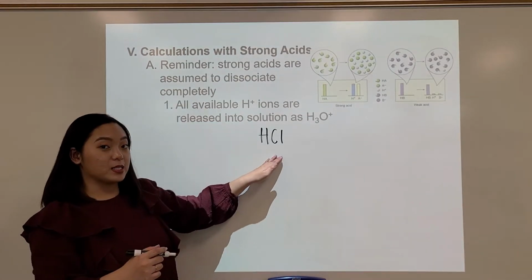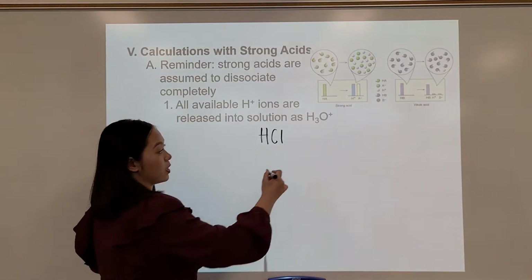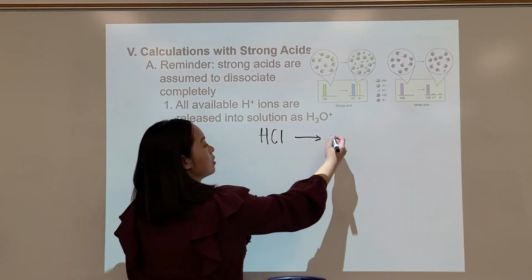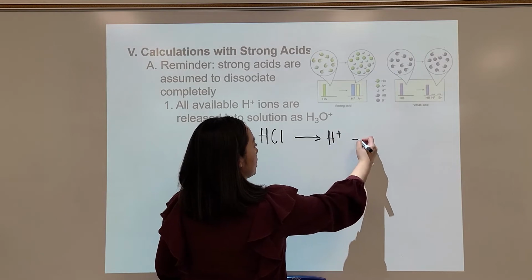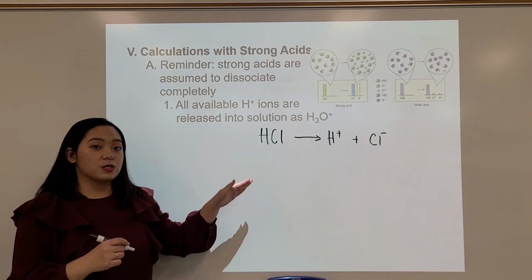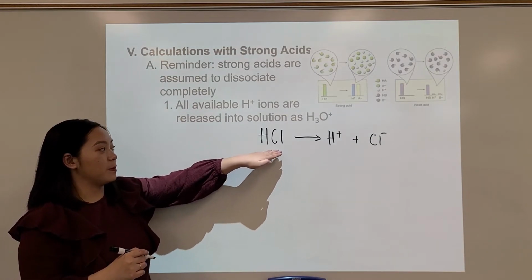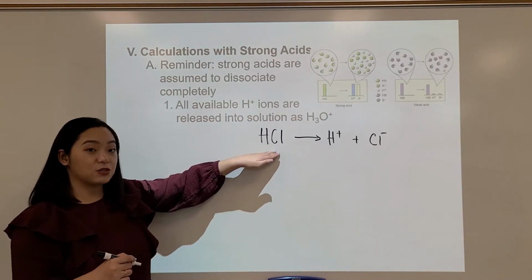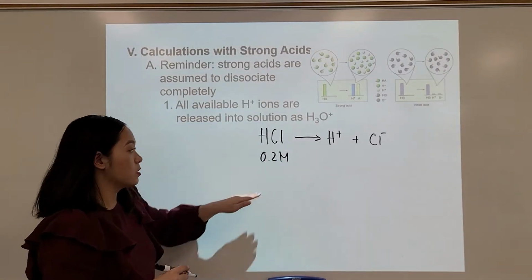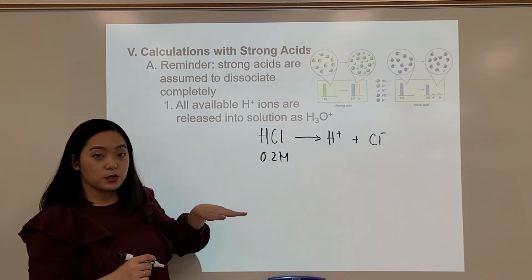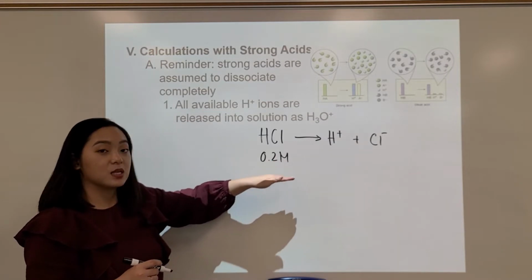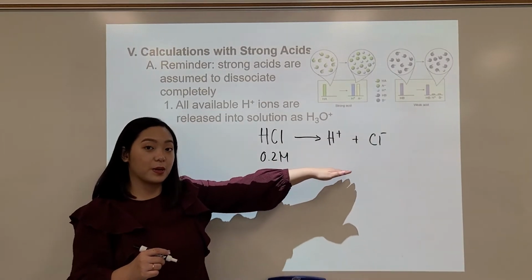Now, because it's a strong acid, we know that it dissociates completely in water. So let's write the equation for that. Dissociate completely is your one-way arrow into H plus and Cl minus. Now, if you were to go into a lab and take, let's say, 1 liter of hydrochloric acid of this concentration, maybe 0.2 molar, you put this into water and it dissociates into hydrogen plus and chloride minus.